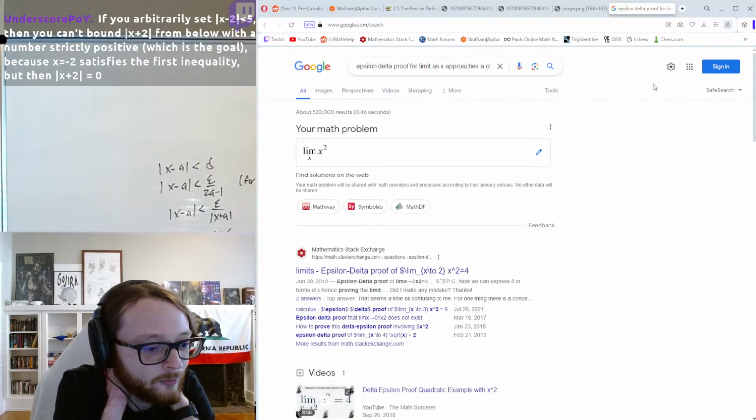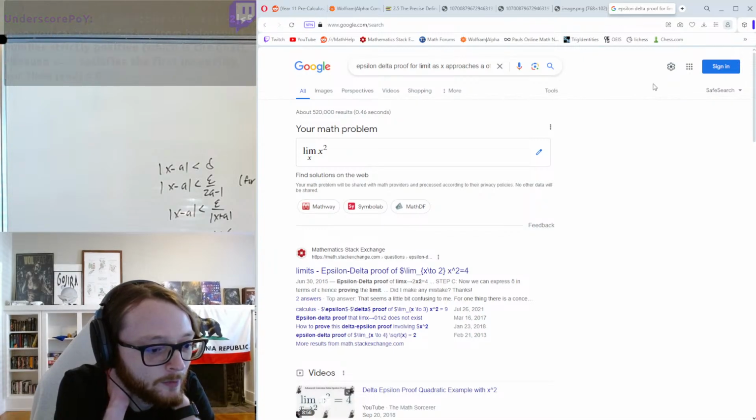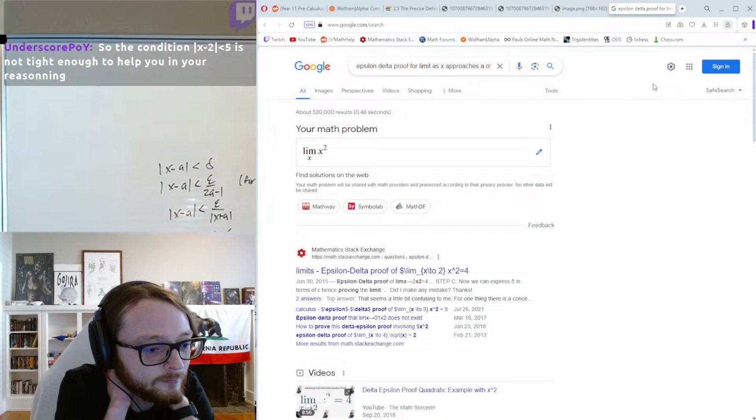Or arbitrarily set |x minus 2| less than 5, you can't bound |x plus 2| from below with a restricted positive. X equals negative 2. Okay, I guess that's fair enough, underscore.